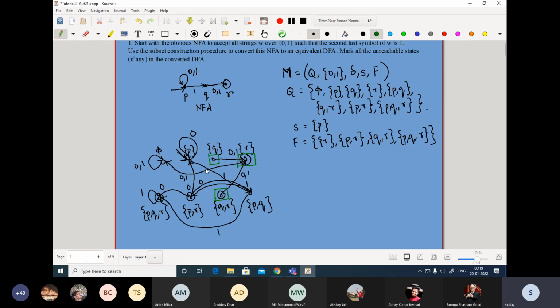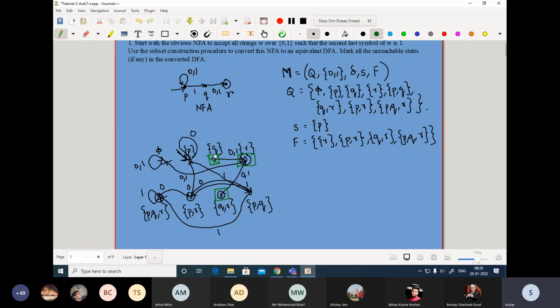So in particular, it cannot have any path from the start state P to Q. So if I removed Q, even if Q reaches a final state, that will not affect any of the strings being accepted, because this is a DFA, so the strings being accepted must have a single path labeled by that string, ending at a final state, but it must start at the start state.